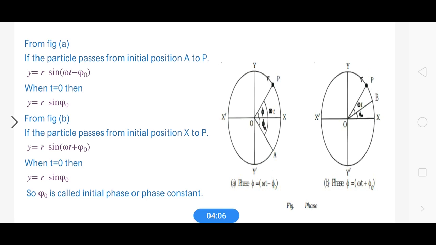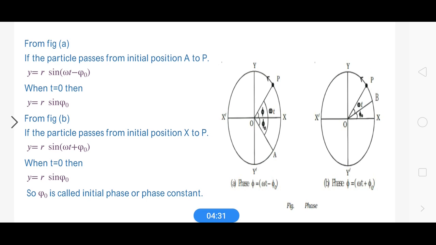Then in time t seconds, it is shifted to point P. With respect to the horizontal axis x dash, the total displacement is omega t.